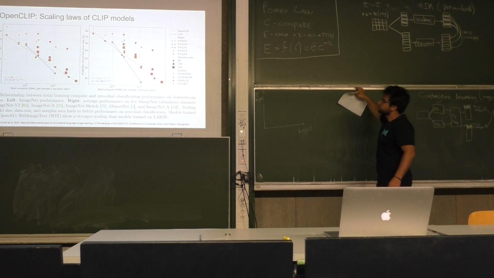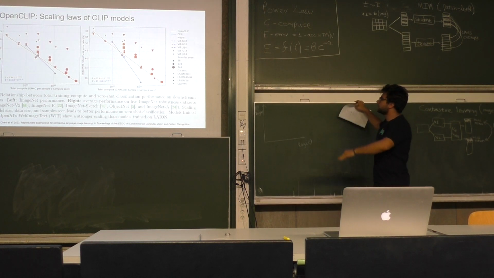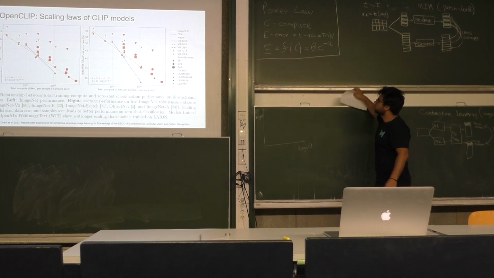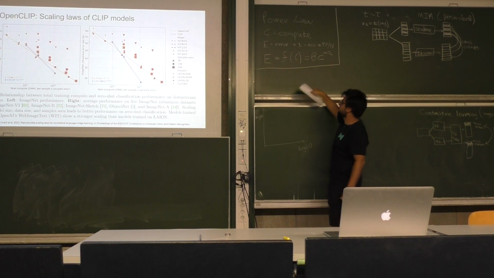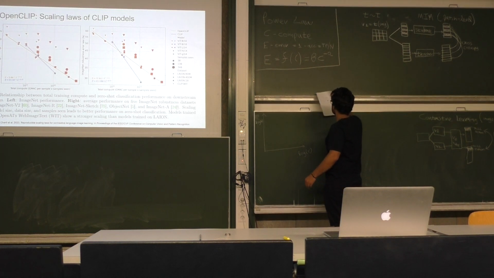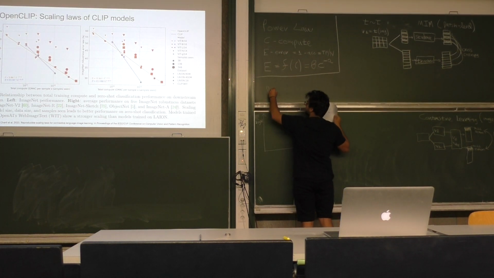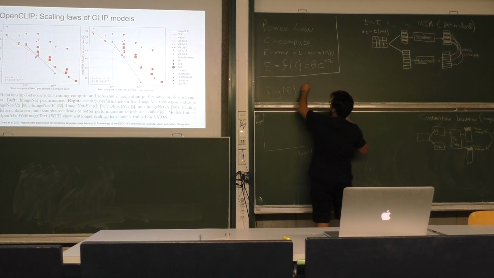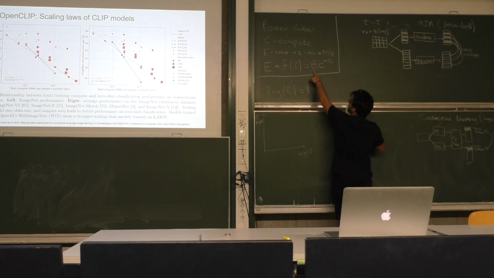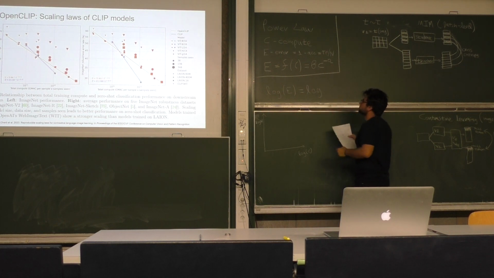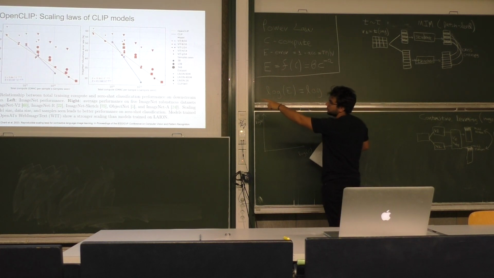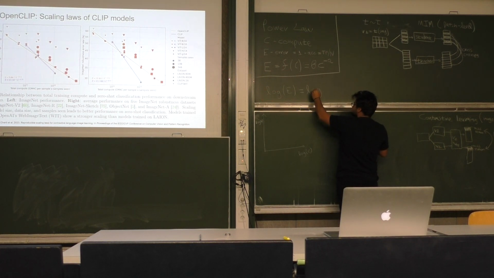We always visualize the log part, because if you take the log on both sides here, take log of E. So beta and alpha are two constants. You can also see them in the plot there. They found the values.